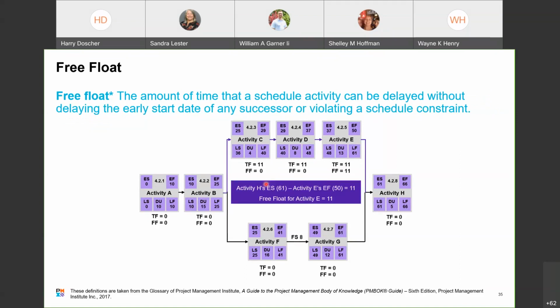Free float. Amount of time the scheduled activity can be delayed without delaying the early start date of any successor or violating the schedule constraint. Now, if you notice here on this branch, your early finish dates are the same as your early start dates.